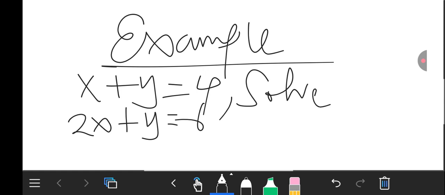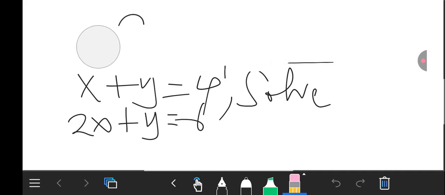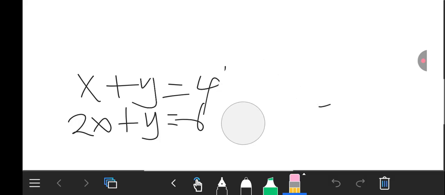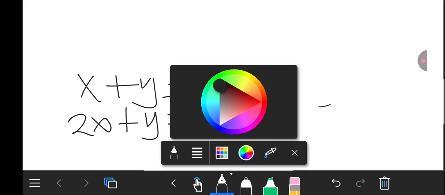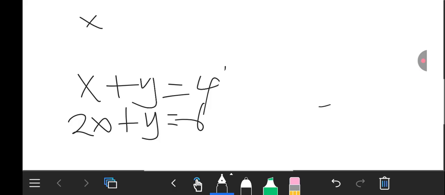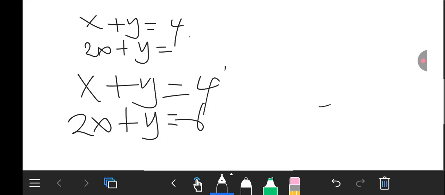So how can you solve it? Let me write it on top. So x plus y is equal to 4. We have another equation, 2x plus y is equal to 6. So how can you solve this question?